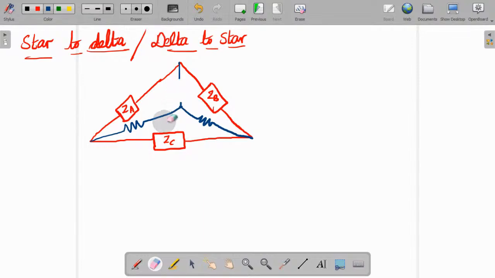Let me draw the impedance itself. Generally I draw an impedance, so that it can be a resistor, inductor or capacitor, anything connected, you can apply that. So delta to star and star to delta transformation.